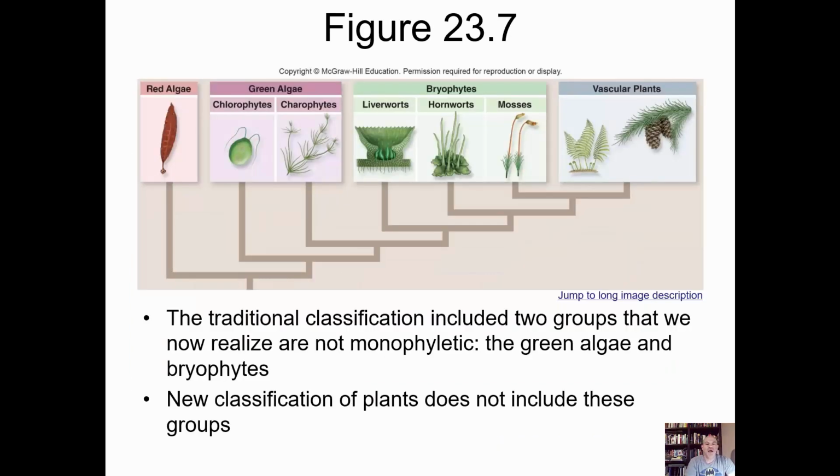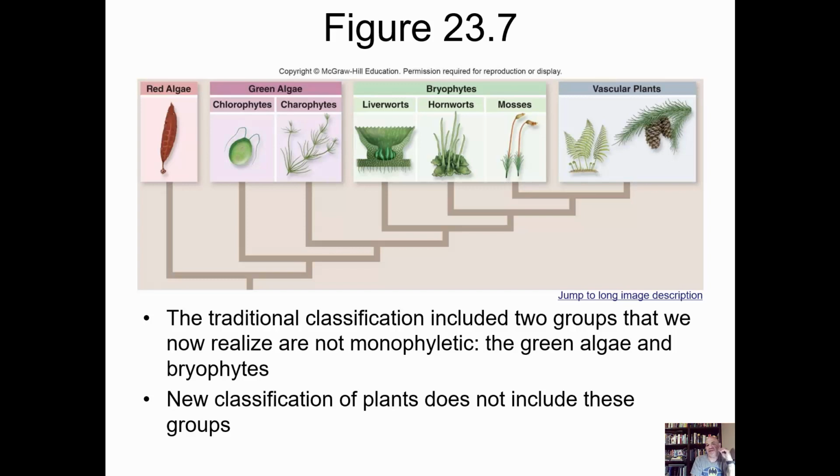Okay, so it turns out that we're going to see quite often in our study this semester classifications that are not monophyletic, like during the study of mosses or bryophytes, like you see in the diagram above. Bryophytes are not monophyletic.